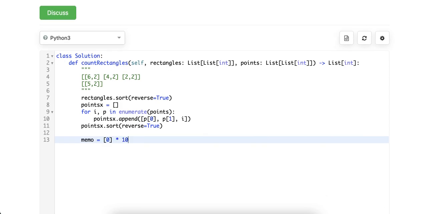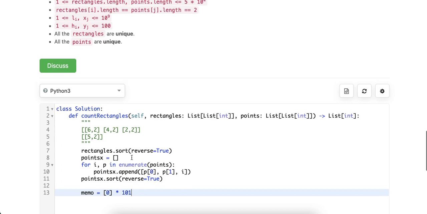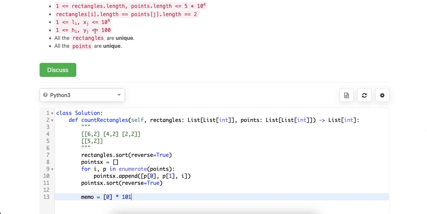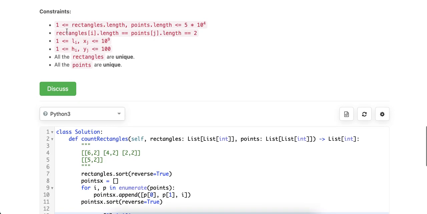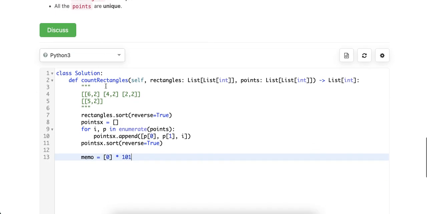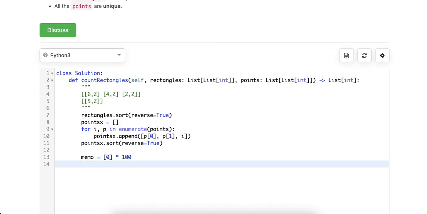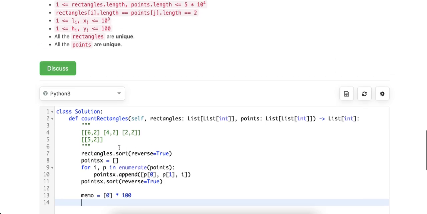So we will at most need 100 of this because everything can be, oh, it always be 1 at least. So actually we just need 100, I think. Well, later on when we submit it, if it fails, we know, but logically speaking, because everything can only be starting from 1, so at most there are only 100 points.